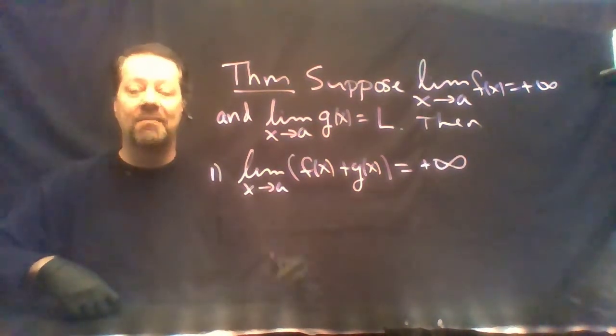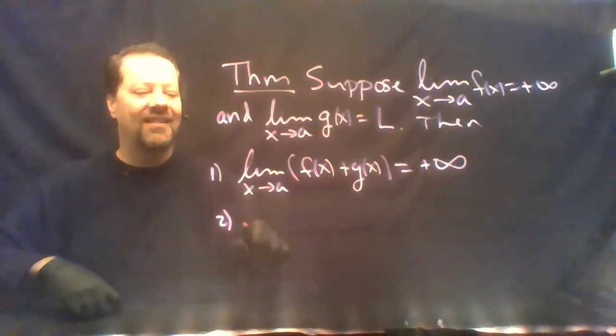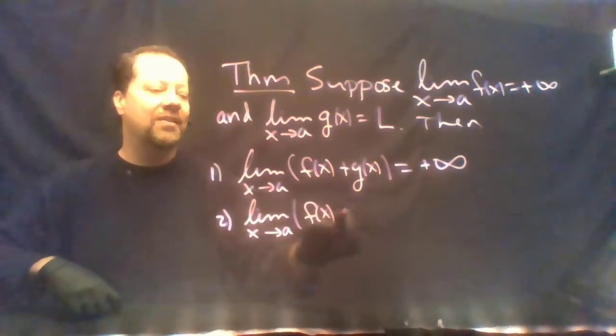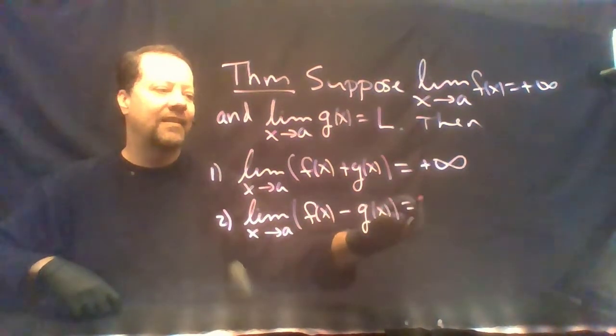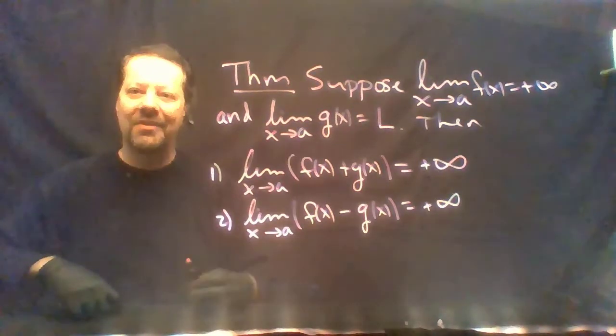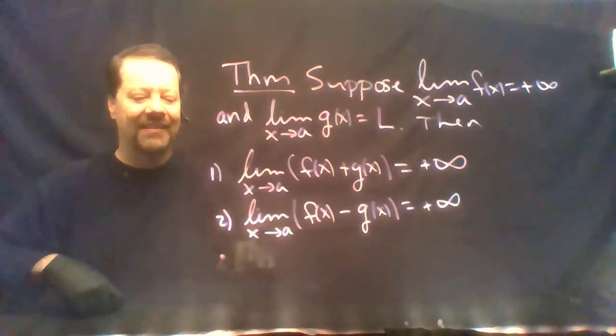The plus L doesn't matter if the other one's going to infinity. What happens in the limit as x goes to a of f of x minus g of x? Well, again, the minus L won't matter if the first term is going to infinity. The infinity term kind of dominates everything.